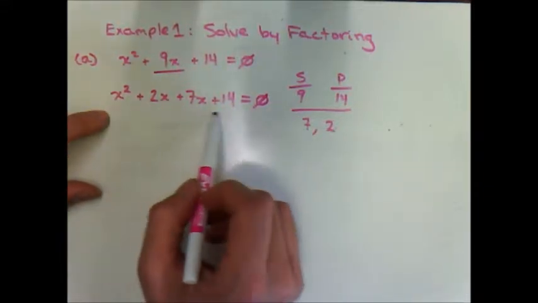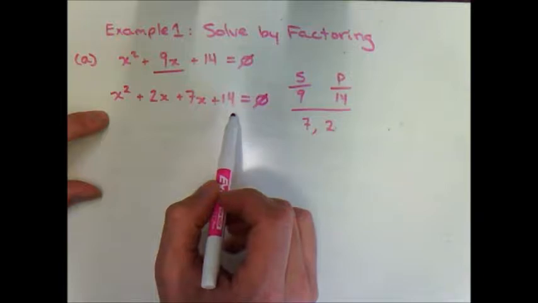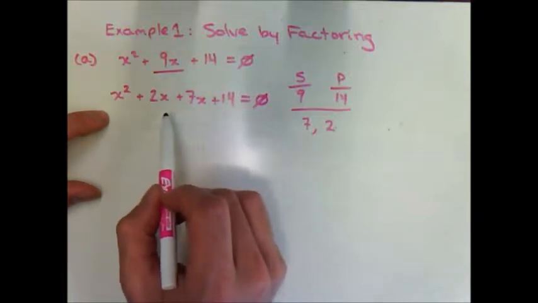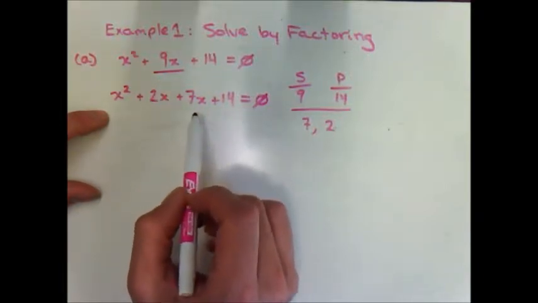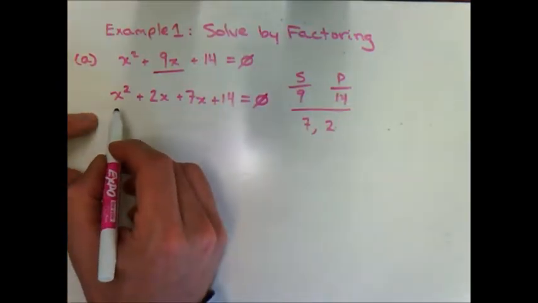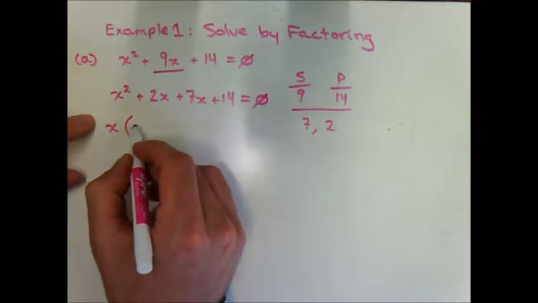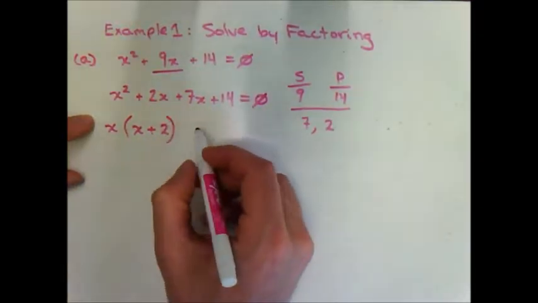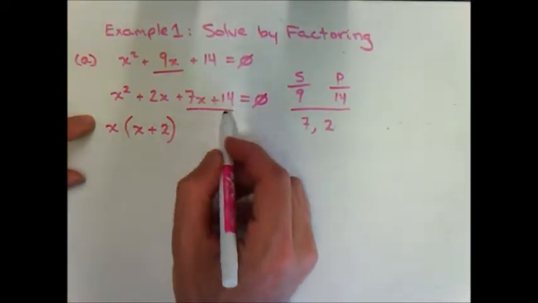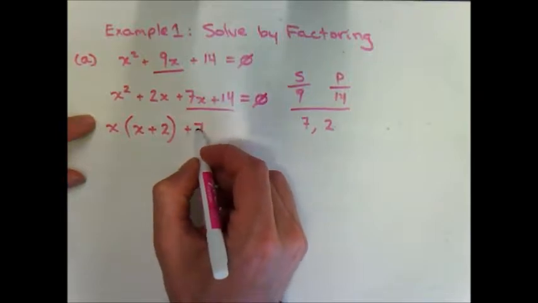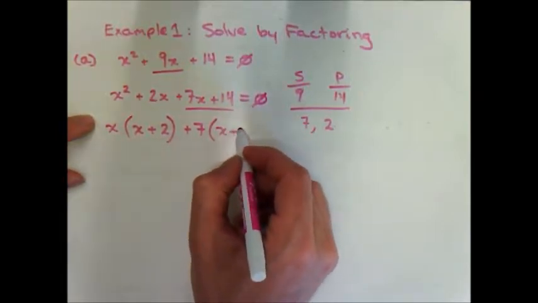Okay, so here we have our polynomial on the left side, split up our middle term into 2x and 7x, which means I can factor out of these first two terms, I can factor out x, which leaves me with x plus 2. And of our second two terms here, we can factor out 7, which leaves us with x plus 2.